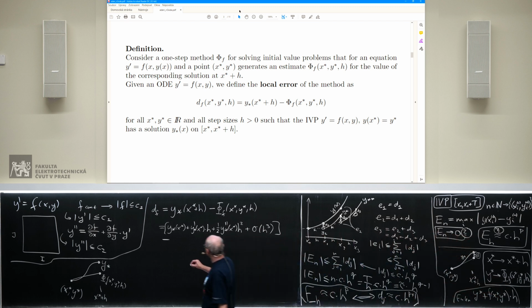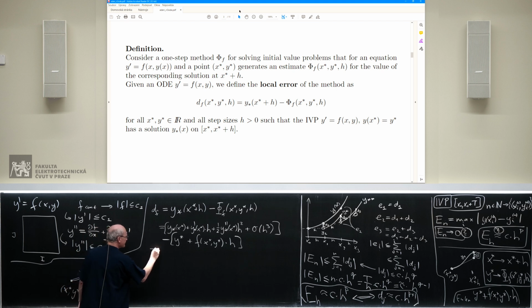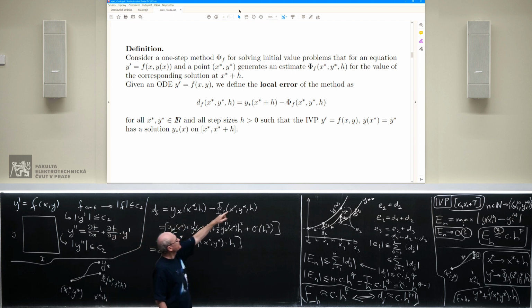So I'm subtracting y star plus f x star y star times h. Okay, what does it mean? Well, what is y star x star? Well, from the initial condition, this is exactly y star. So this number is y star plus. What's the derivative at time x star?